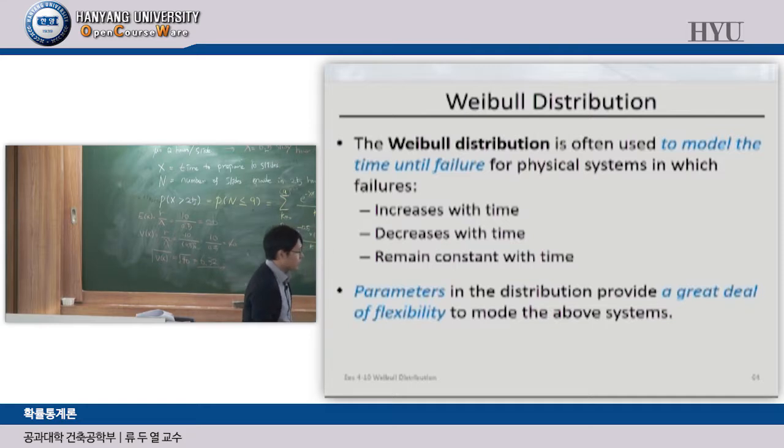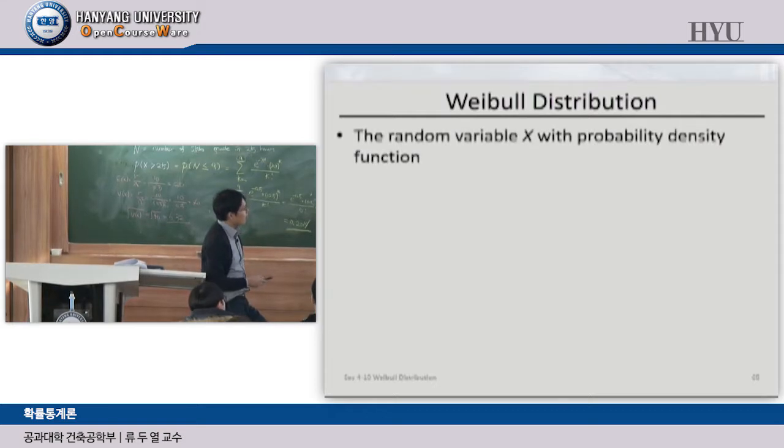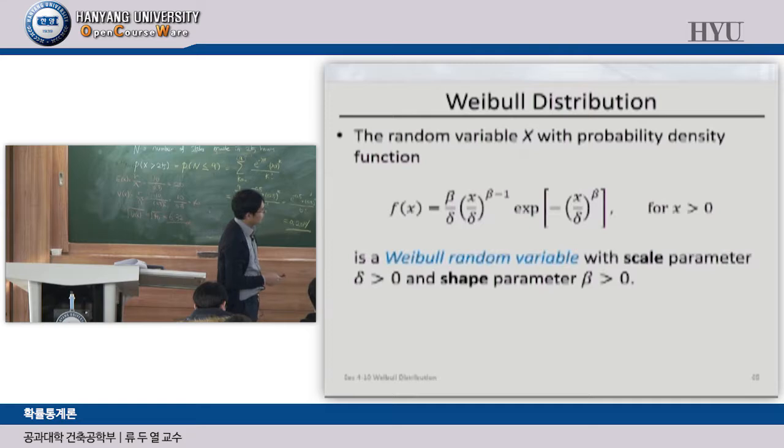The parameters in the distribution provide a great deal of flexibility to model the above system. And the random variable X with this probability density function is the Weibull random variable with scale parameter delta and shape parameter beta.